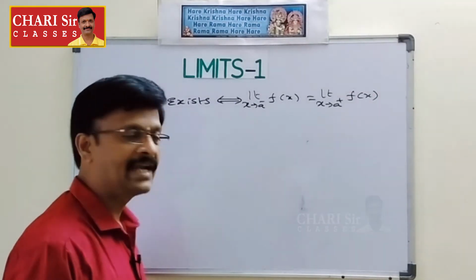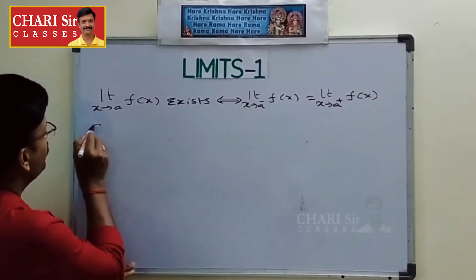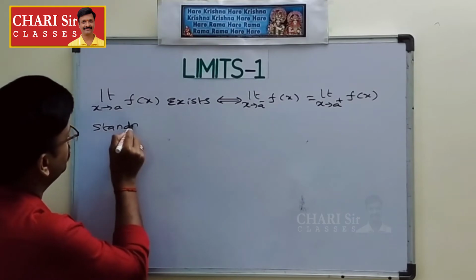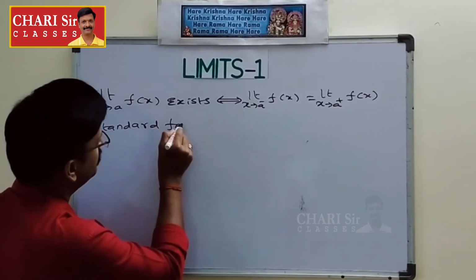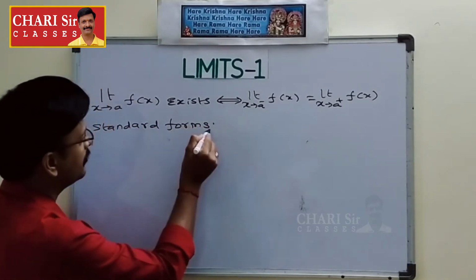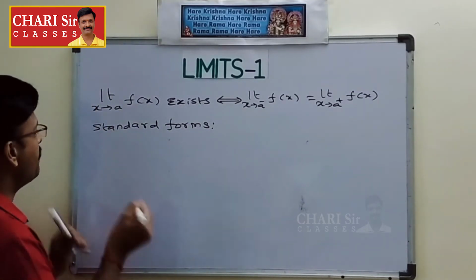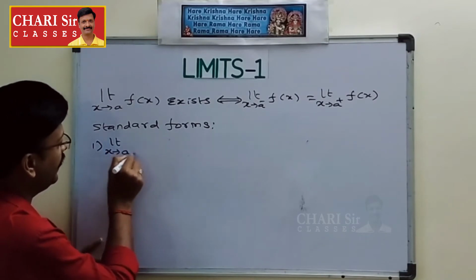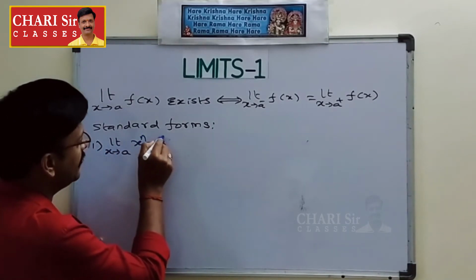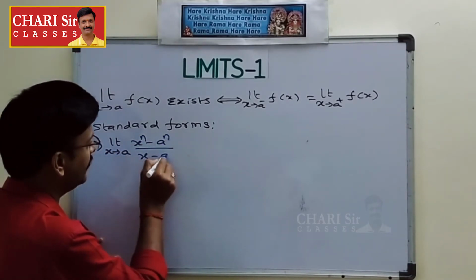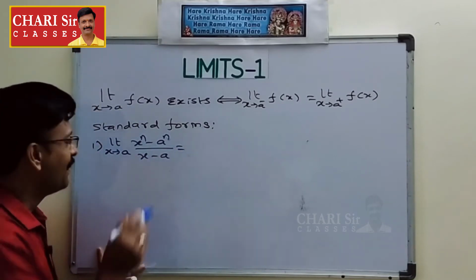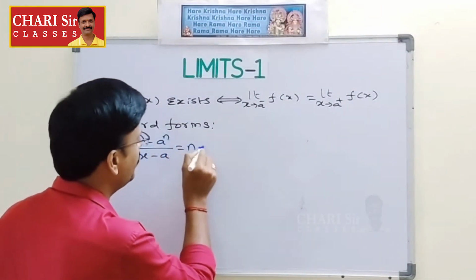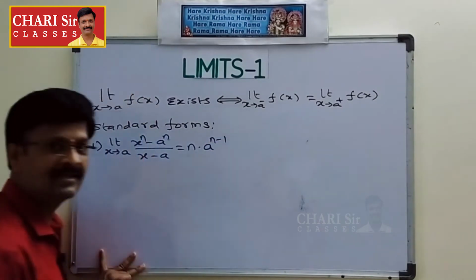Now let's see some standard forms of limits. List out some standard forms. Number 1, limit x tends to a, x to the power of n minus a to the power of n by x minus a, the limit of this function is n into a to the power of n minus 1.